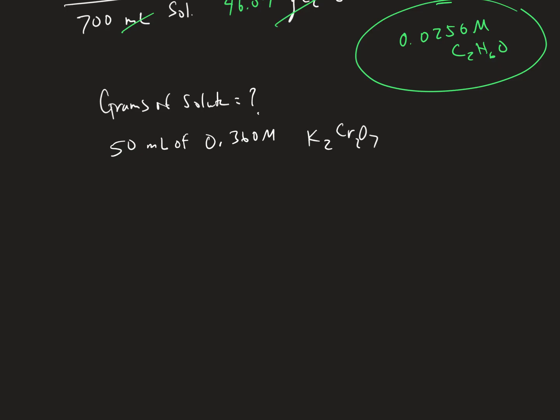Potassium dichromate. Is dichromate part of your polyatomic ions? Was that one of them? But we didn't get him down yet? All right, well, get him down.